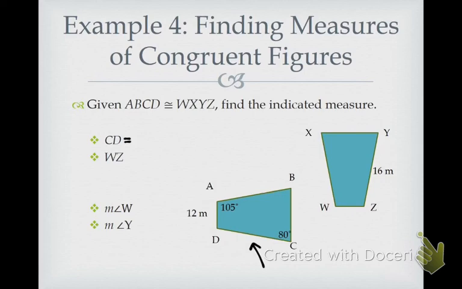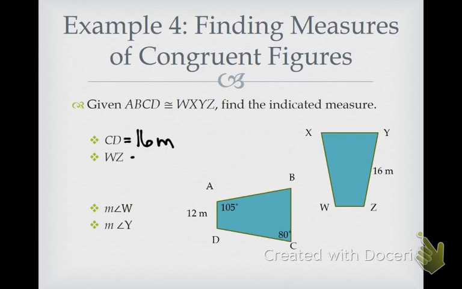YZ. Do I know side YZ? I do, and it's 16 meters. Since its corresponding side is 16 meters, this one is also 16 meters because they are congruent. Does that make sense? If they were similar, that would not be the case because they're different sizes. But if they're the exact same size and congruent, then I can just go off that measurement.